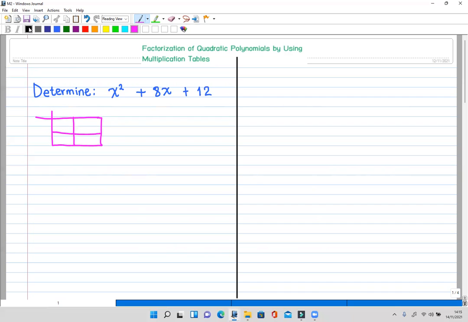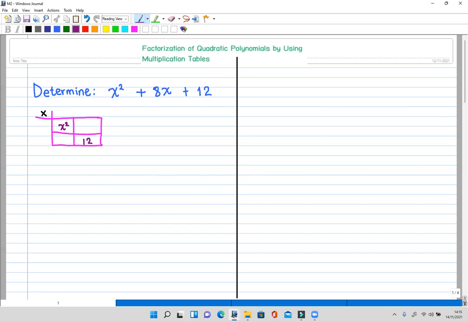Okay, then this is times. We are going to have x squared here, and here we have got 12.